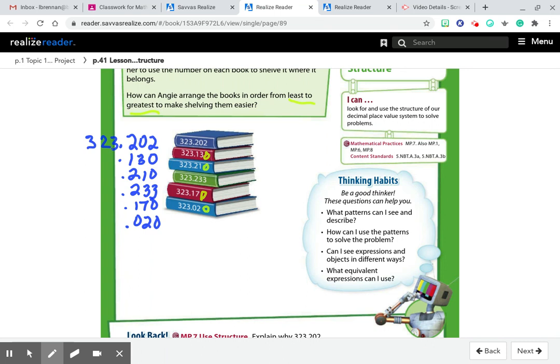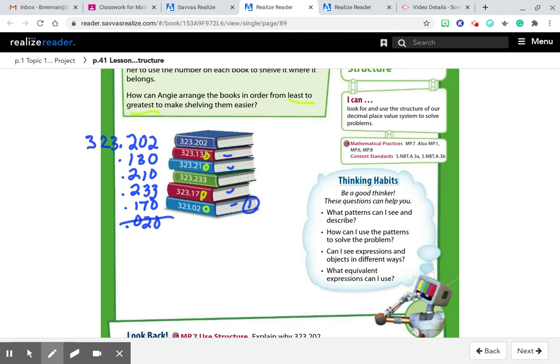Now that we annex zeros on a couple of these books, we annex the zeros so we can make sure we have all the place values filled in, the tenths, the hundredths, and the thousandths. Now I can see which is the smallest value. Starting with the tenths, I have 2, 1, 2, 2, 1, and a 0. So I can tell this book is going to be the smallest book.